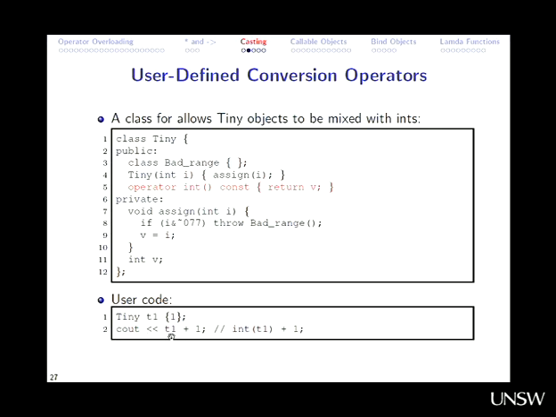We print out t1 plus 1. That's the equivalent of calling int, so cast t1 to an int plus 1. Because this operator int, brackets like that, const, does that conversion for us. Okay? Now, there might be more details that need to go inside here. It depends what you're doing.